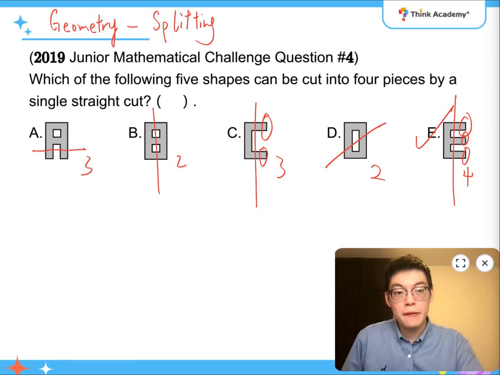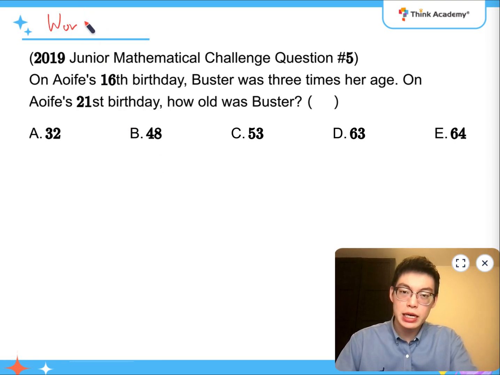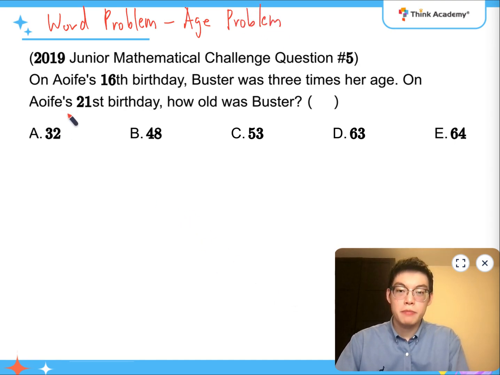And the next one, question 5. So it is a very typical age problem, and I would say it's a pretty easy one as well. Basically, it says that on Alfie's 16th birthday, Buster was 3 times her age.